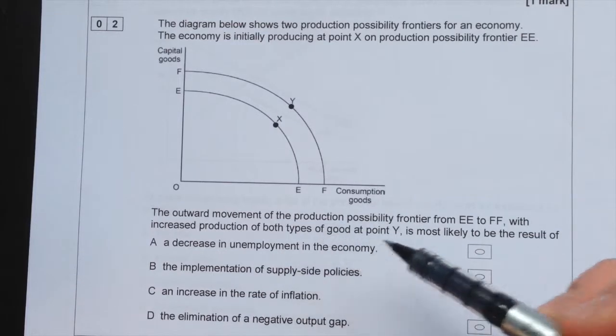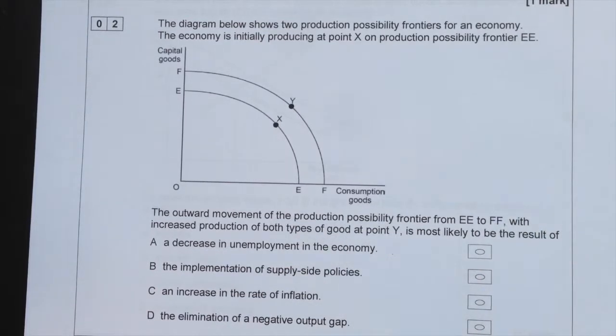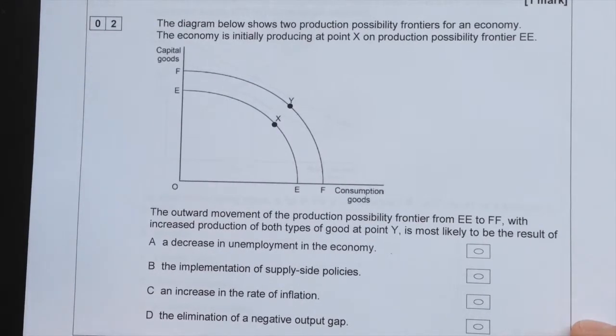The outwards movement of the production possibility frontier from EE to FF with increased production of both types of good is most likely to be the result of the following. Is it A, a decrease in unemployment in the economy, B, the implementation of supply side policies, C, an increase in the rate of inflation, D, the elimination of a negative output gap?